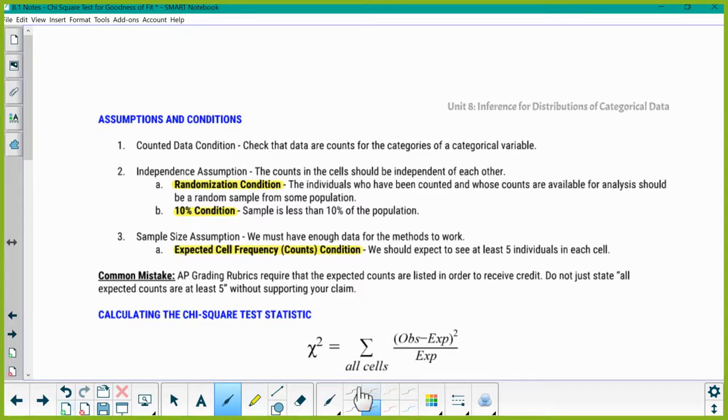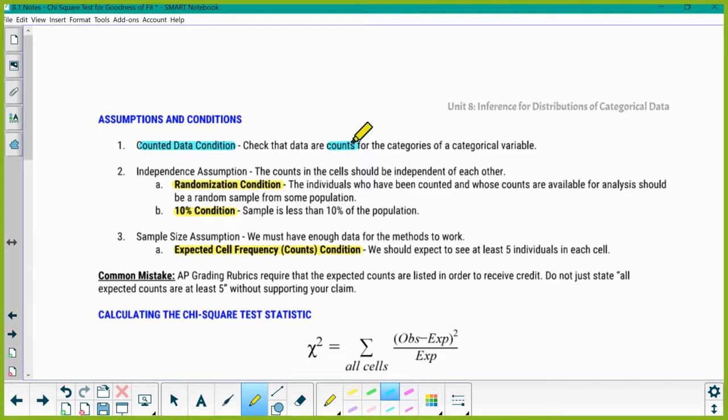Now, there is one thing you always want to verify before you even get started and before you even start doing hypotheses or anything. That's why I don't necessarily consider it a condition, because it's not something that AP checks for. You do want to make sure that your data is counts.